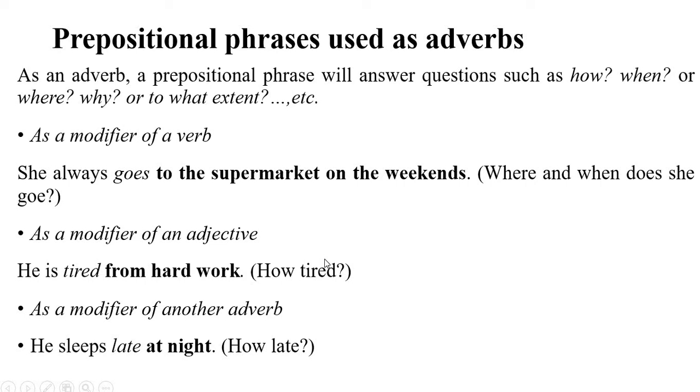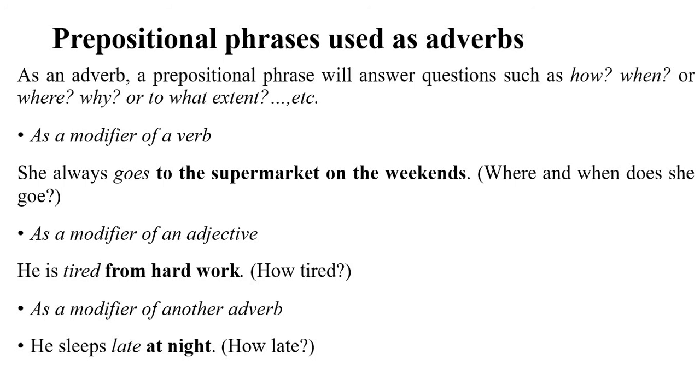We move on now to the second function of the prepositional phrase, and it is adverb. A prepositional phrase can also have the function of an adverb. And what is an adverb in general?